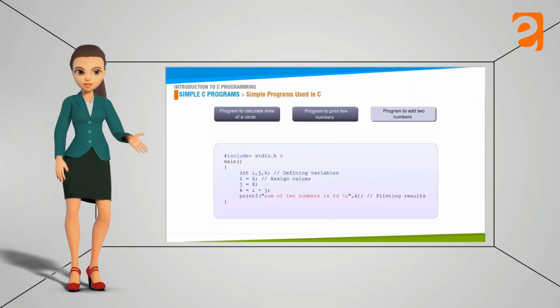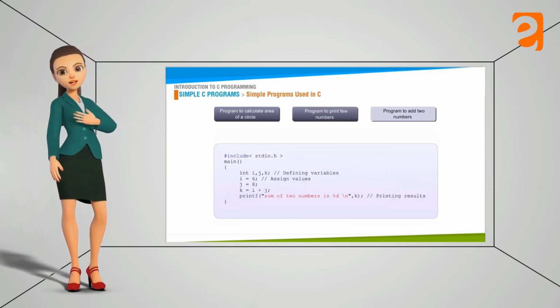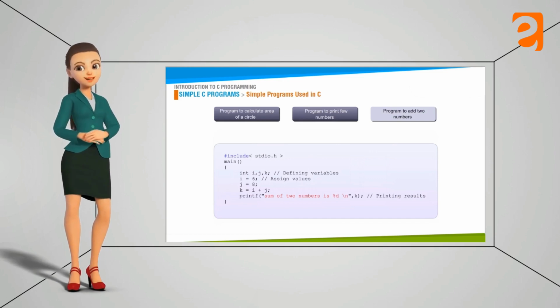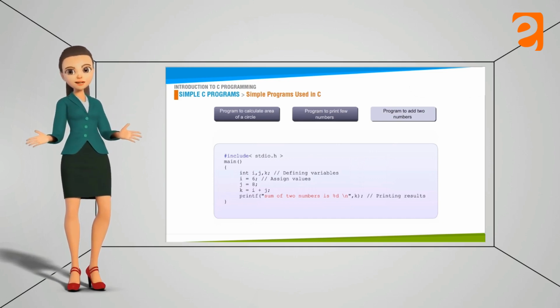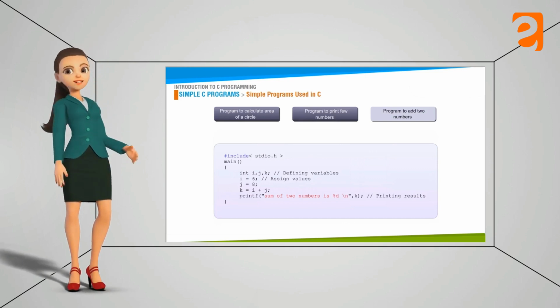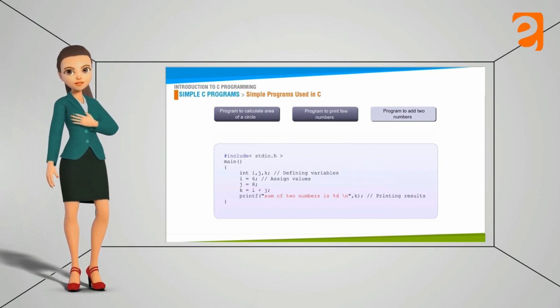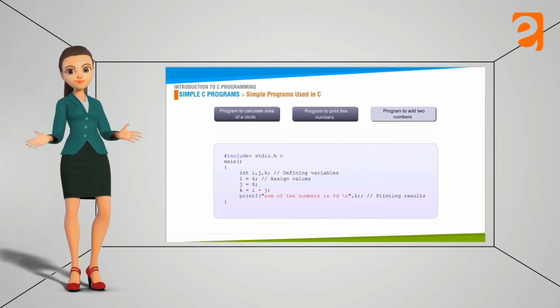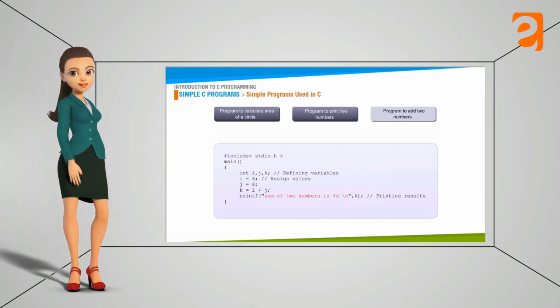Now let's move on to the third simplest program, that is adding two numbers. For adding two numbers, we need to initialize 3 variables, say i, j and k. Let's assign random values to both the variables.